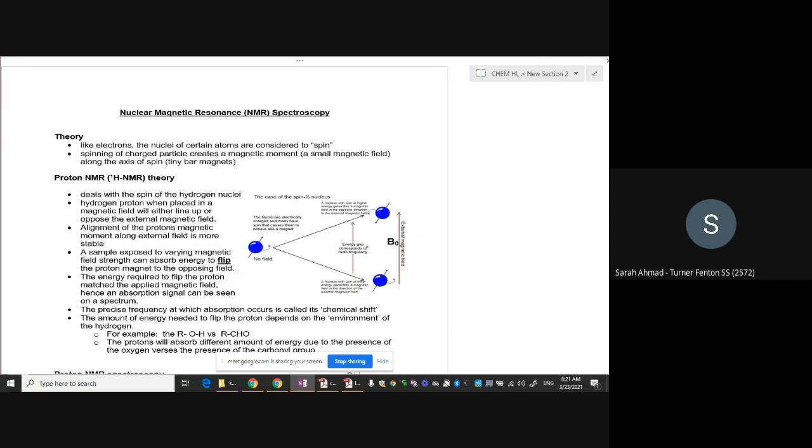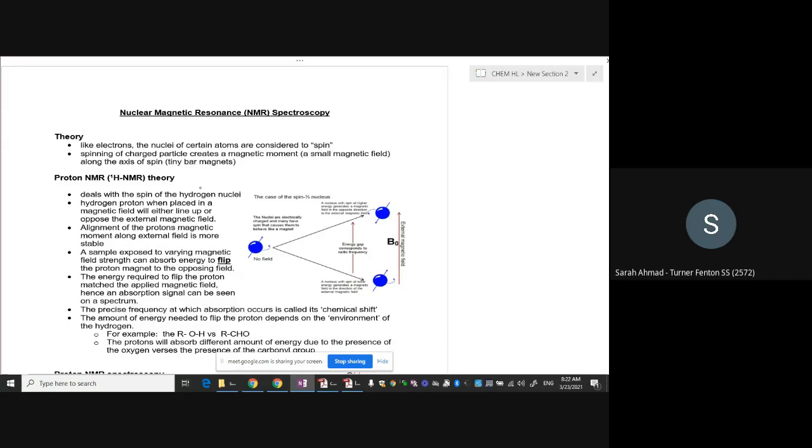Depending on the nuclei and its environment, the amount of energy absorbed would differ. And so those would show up as peaks on your NMR spectrum. And we will use those peaks to identify the hydrogen environments. So we are focusing on proton NMR, meaning that we are going to focus on hydrogen nuclei. Okay, so the nucleus of a hydrogen atom.